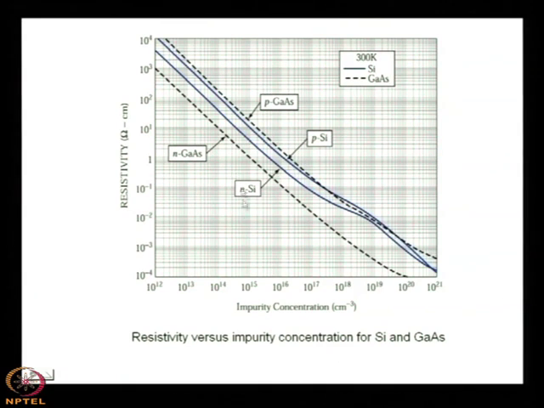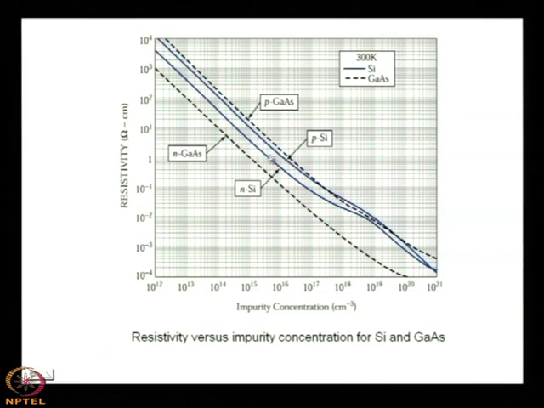Here what is the carrier concentration? 1.46 into 10 to the power 16. And what is this sample, silicon or gallium arsenide? Silicon. So, this is p type silicon.